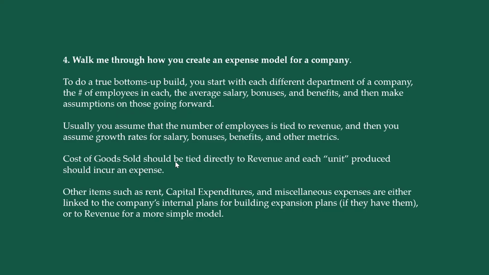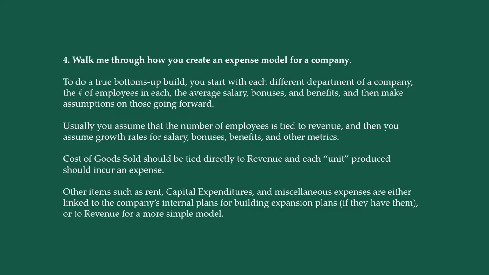So cost of goods sold should be tied directly to the revenue, and each unit produced should incur an expense. So they are tied to the revenue. I'm assuming that every year the company has 40% of the revenue as an expense. So out of 100, 40 was the cost of making 100.